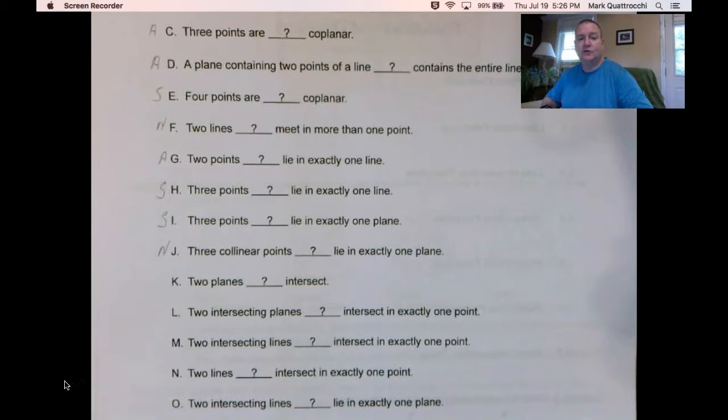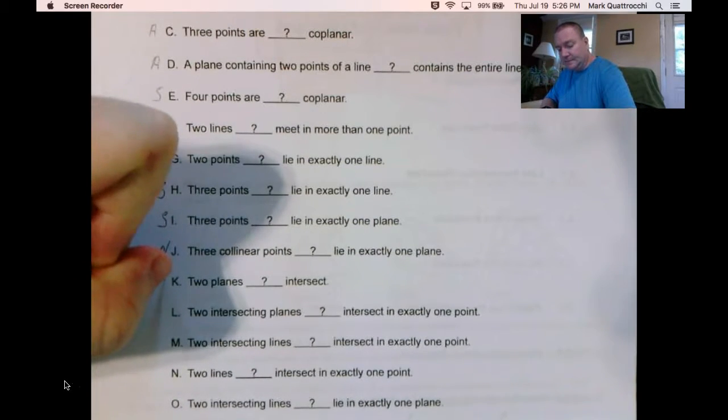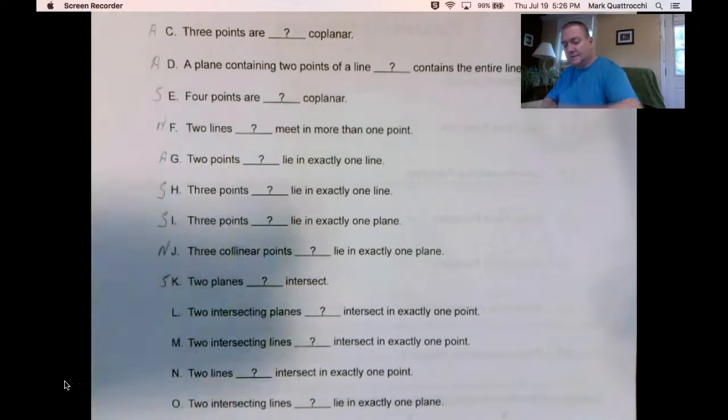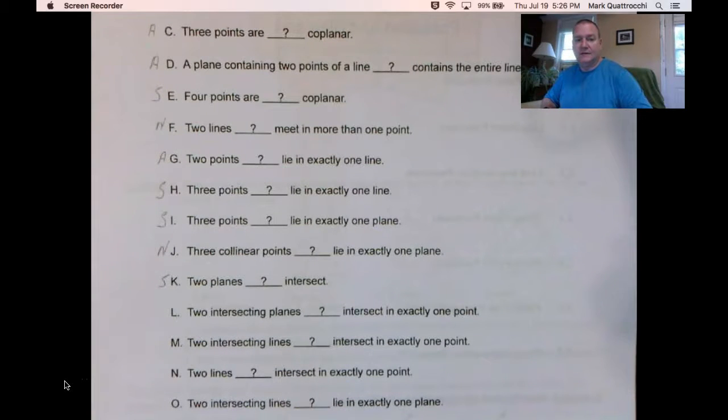K. 2 planes always, sometimes, or never intersect. This one is sometimes. Sometimes they intersect and the intersection is a line. Sometimes they never intersect and the planes would be parallel. An example would be the ceiling and the floor, or the front and the back walls, or the left and the right walls.